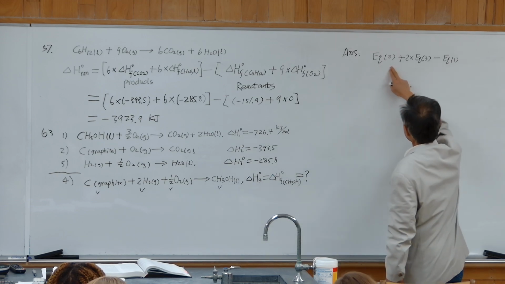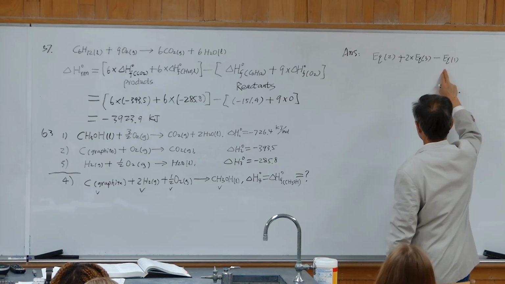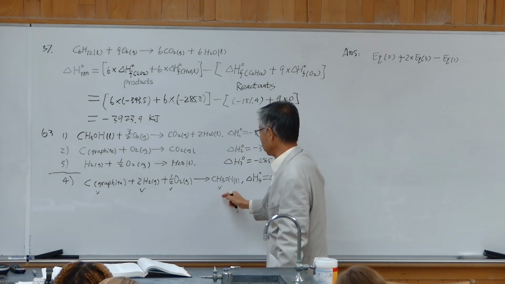So from these three equations, equation 2 plus 2 times equation 3 minus equation 1, we clearly have carbon, hydrogen, and methanol.